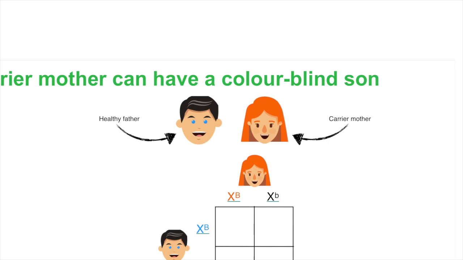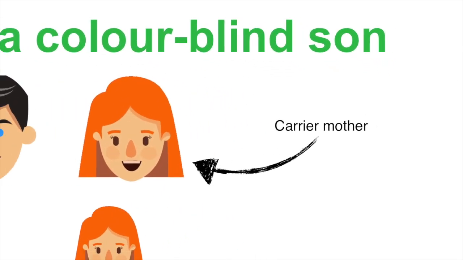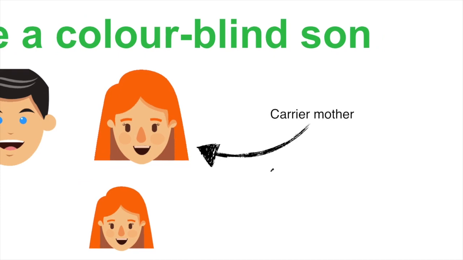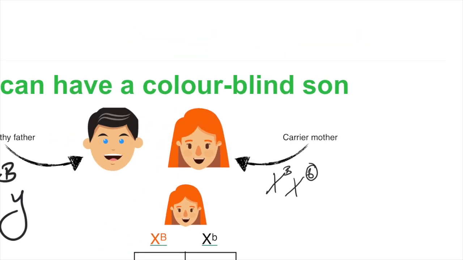The father here is not colorblind, so I will write his genotype as X capital B, meaning that he's healthy, and I will leave the Y chromosome blank because the allele is only found on the X chromosome. The mother here is a carrier, so I'll write her genotype as capital B and small b. This means that she has the allele for color blindness, but she doesn't show a sign of this disease.